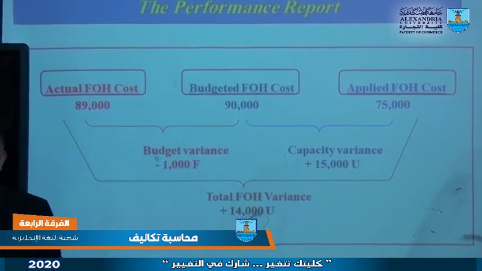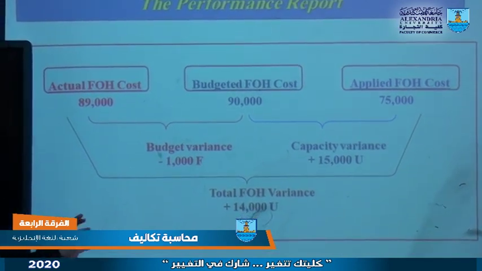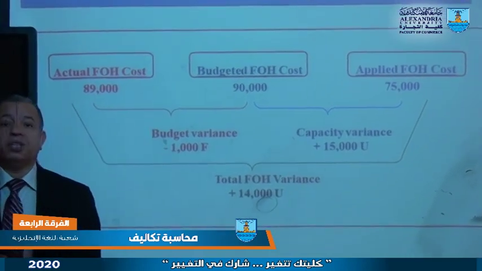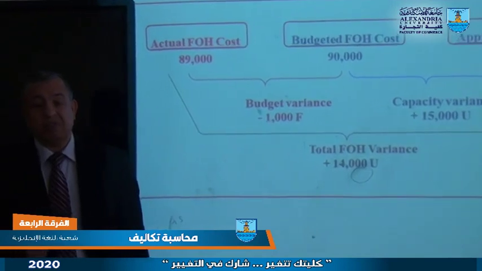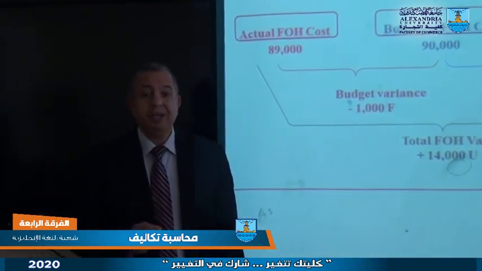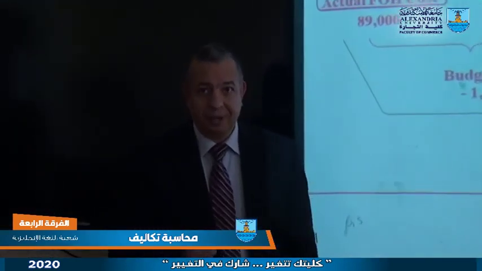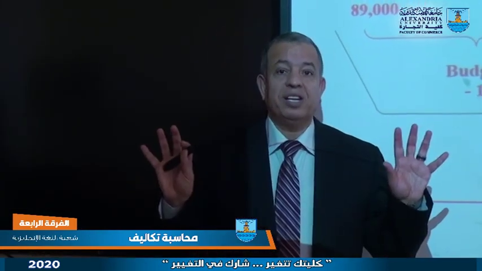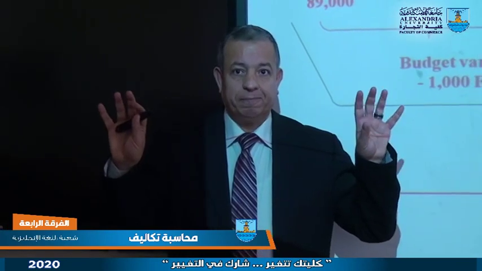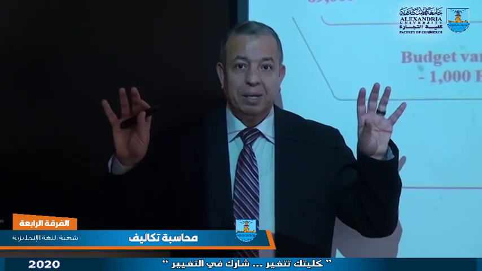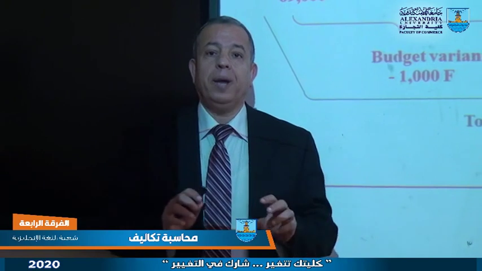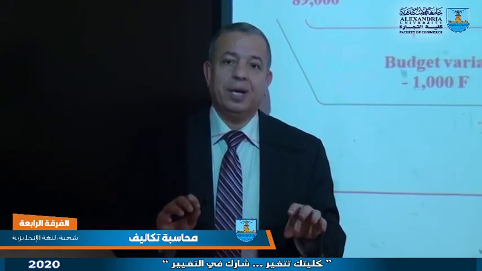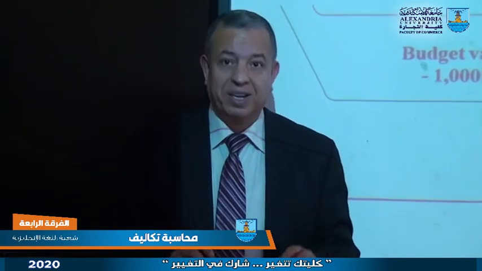This is the last part of our standard costing variance analysis. If I am a company, I have to calculate the total variance of manufacturing costs, I mean direct material, direct labor and overhead.